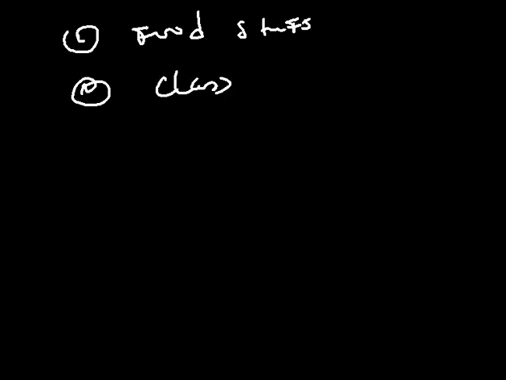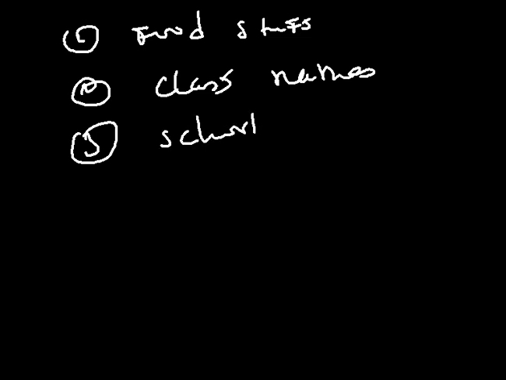So here is the question for you. Can you try to come up with the matrices of, let's say, the foodstuffs? I want to see those. Let's say the matrices of the class names. And also come up with the matrices of the school books.